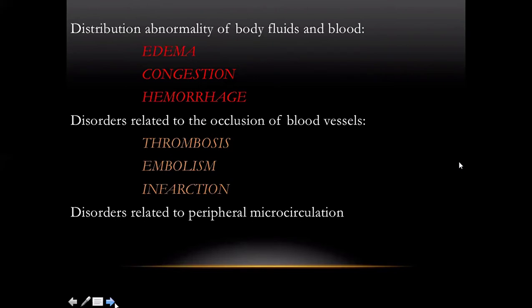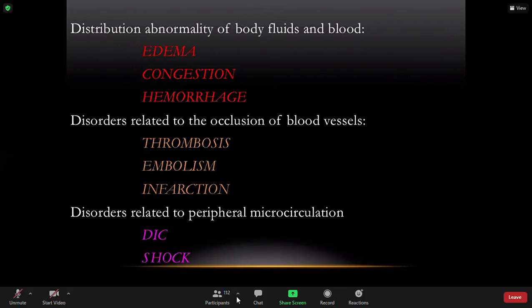And the disorders related to peripheral microcirculation are DIC and shock. DIC is disseminated intravascular coagulation.